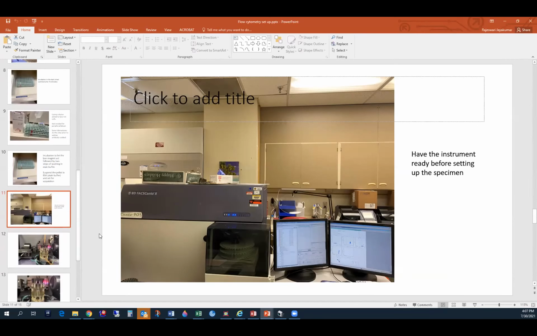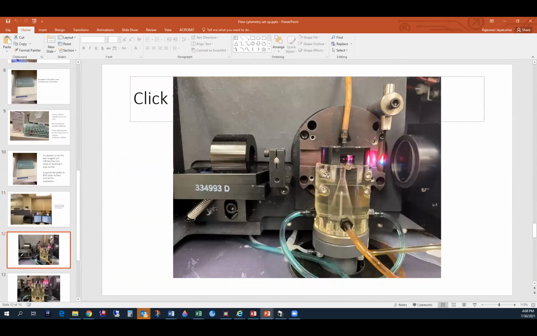So now your specimen is ready, you're feeding it into the machine, and what happens inside the equipment is this is the laser light. You have different sets of lasers, each emitting a different nanometer light. One interesting thing to remember is when you design your panel, a lot of things go into that. We use the brighter fluorochromes with the antigens that are expressed less on the surface, and we use the dimmer fluorochromes with the antigens that are expressed more.